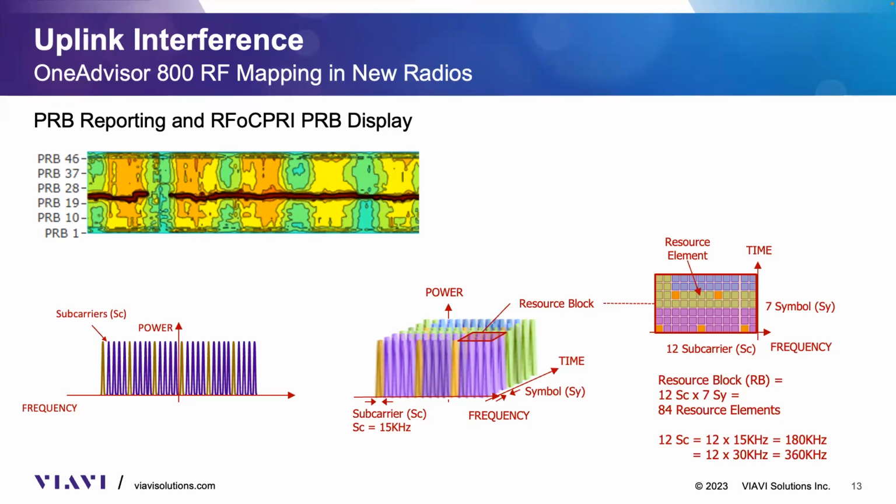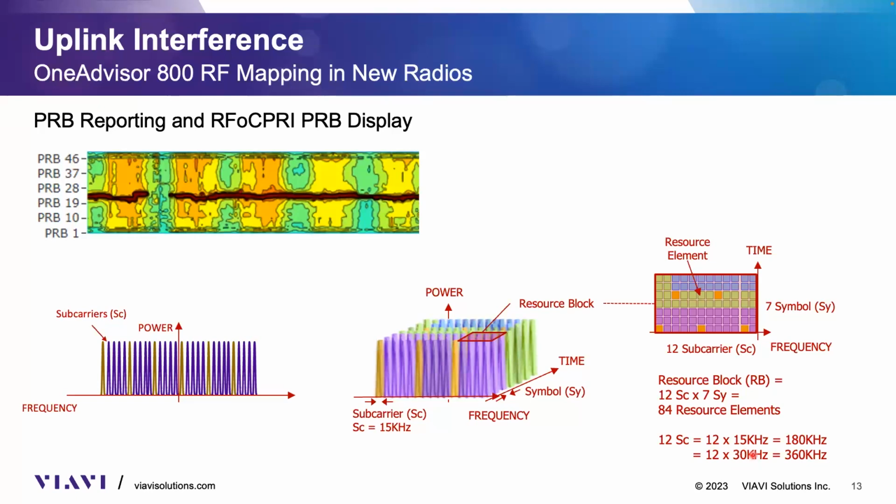Not necessarily. As I mentioned before, 5G can have different numerology. In LTE we have 15 kilohertz subcarrier spacing, while in the case of 5G it can be the same 15 or it can be 30.